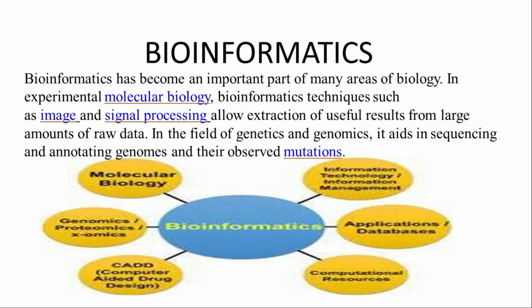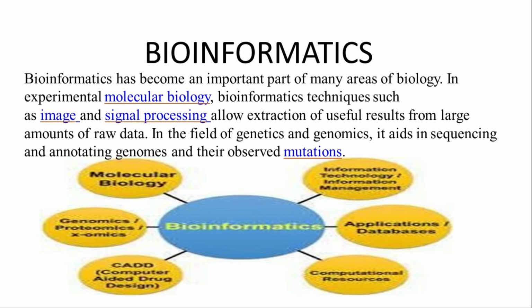Next category is bioinformatics. Bioinformatics has become an important part of many areas of biology. In experimental molecular biology, bioinformatic techniques such as image and signal processing allow extraction of useful results from large amounts of raw data. In genetics and genomics, it aids in sequencing and annotating genomes and their observed mutations.